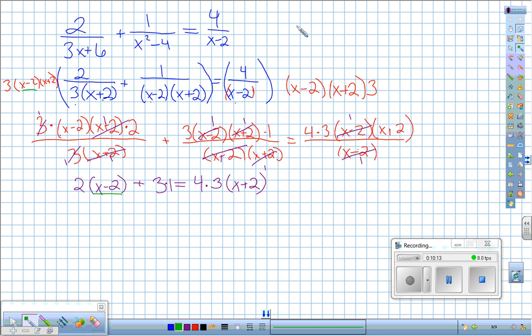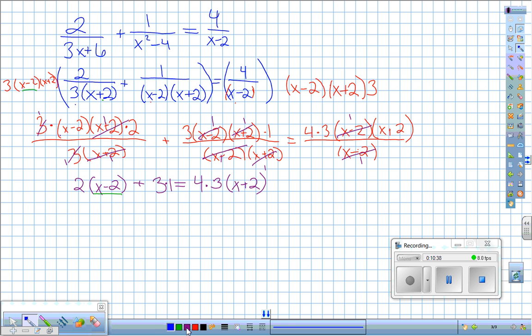So if you can understand getting from this step here, this in blue, to this step down in purple, without doing this step, I'm okay with that. If you're having problems, I'm going to make you write out this whole thing though. So we're just multiplying by what our common denominator has to be. Okay, and then I can go ahead and actually multiply things out from here.